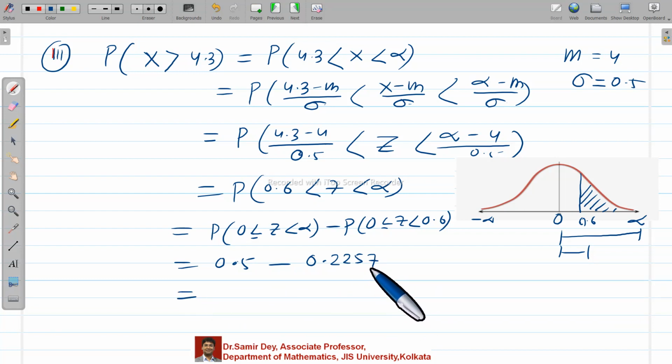Now you subtract it, use your calculator. Everyone, please calculate the value: 0.5 minus 0.2257. Calculate quick, write in chat box.